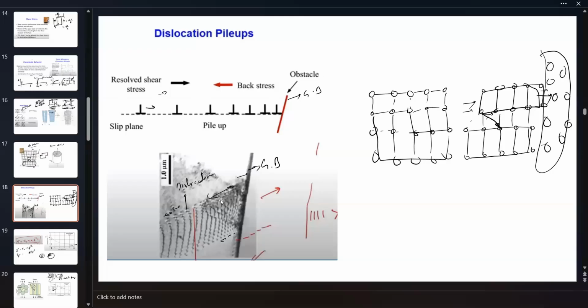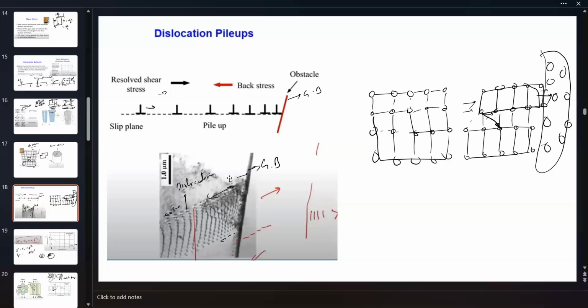Okay. So as you can see at the grain boundary, the dislocation density is increasing, causing back stress. So this is a method of increasing the strength of your material by preventing dislocation movement.